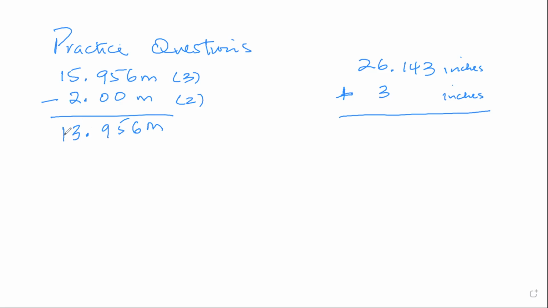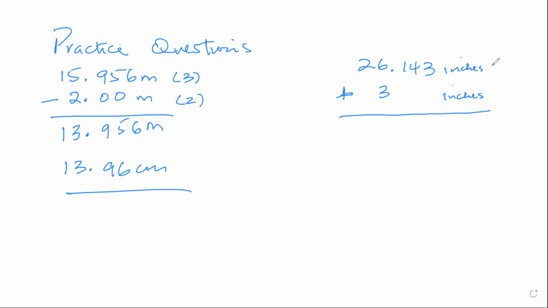So the answer will be to 2 decimal points. So we have to round 13.95. Two decimal points, we round it to 13.96. That's it, because we're following the rules.